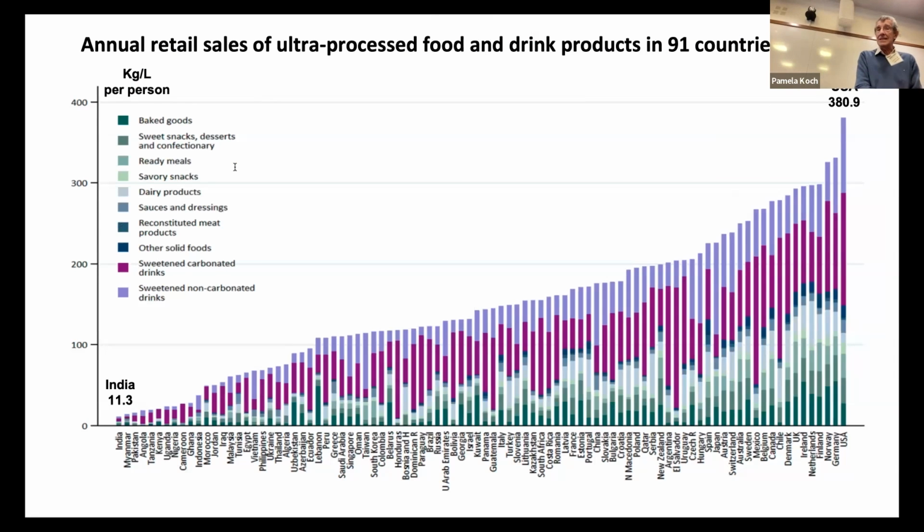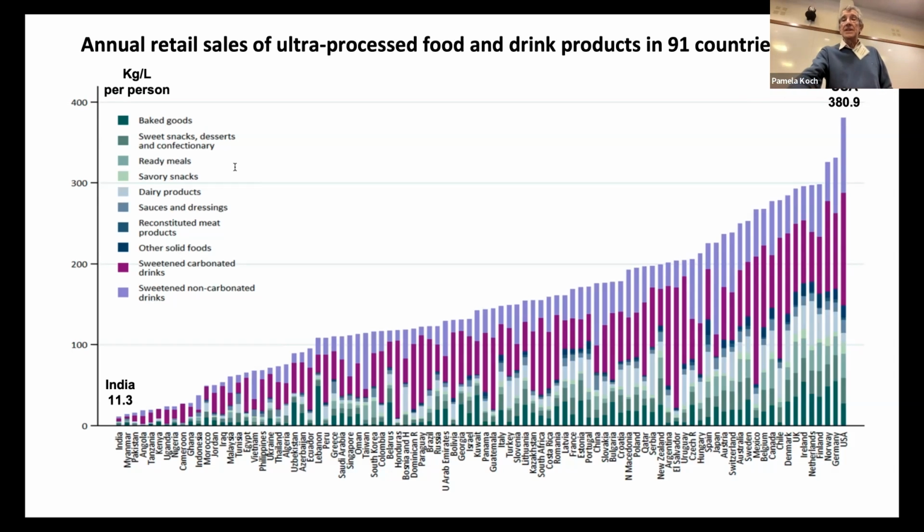Well, let's go to data. Here you have an idea. This is very recent, from a paper that was not published. You can have an idea of sales, not consumption, so it's a proxy of consumption: kilograms or liters of ultra-processed products, going from baked products to soft drinks, in several countries of the world.